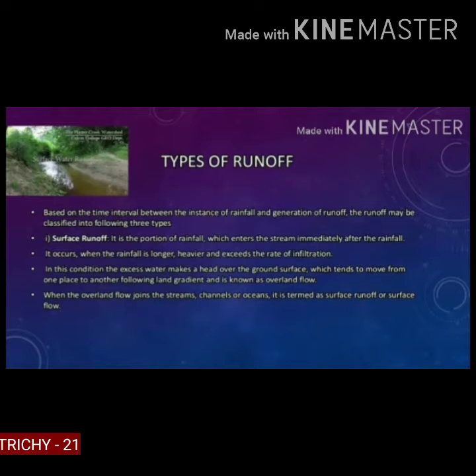Types of runoff. Based on the time interval between the instance of rainfall and generation of runoff, runoff may be classified into the following three types. Surface runoff. It is the portion of rainfall which enters the stream immediately after the rainfall. It occurs when the rainfall is longer, heavier and exceeds the rate of infiltration.